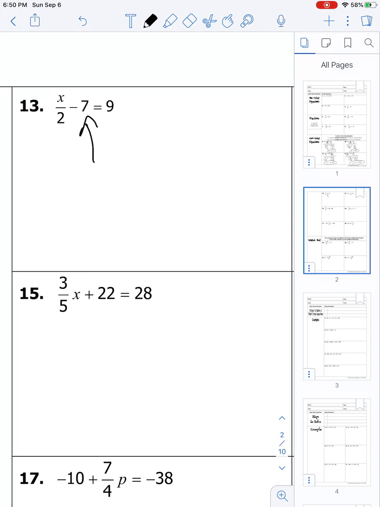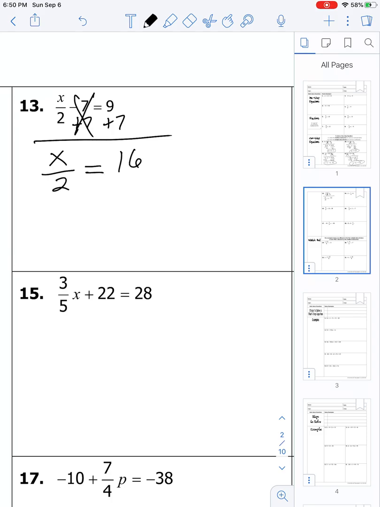So we need to get rid of that first, because it's the easiest thing to get rid of. It's a negative 7, so we're going to add it to the other side. That cancels it out on this side. Basically, we're going to drop this down. 9 plus 7 is 16.